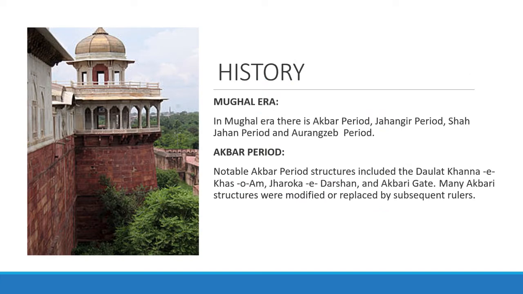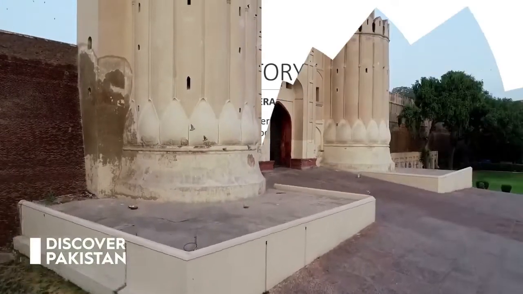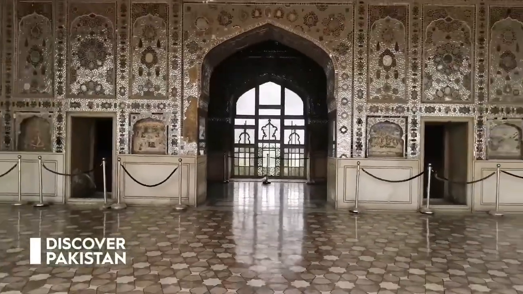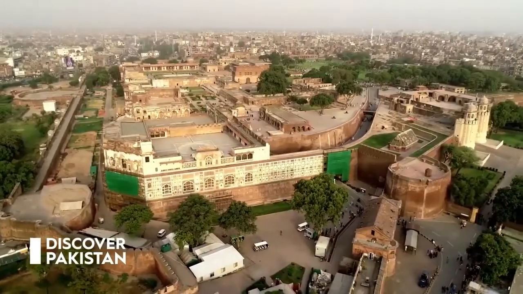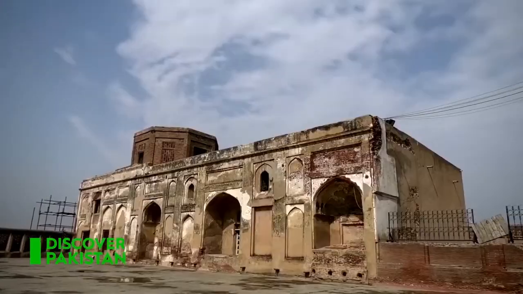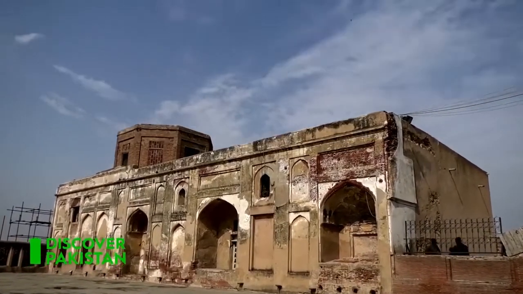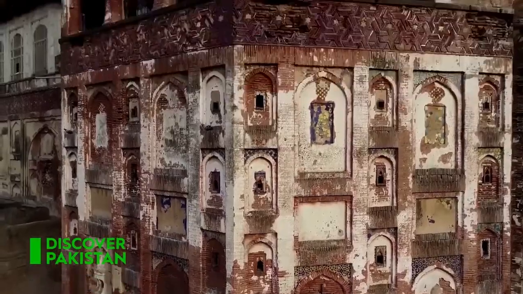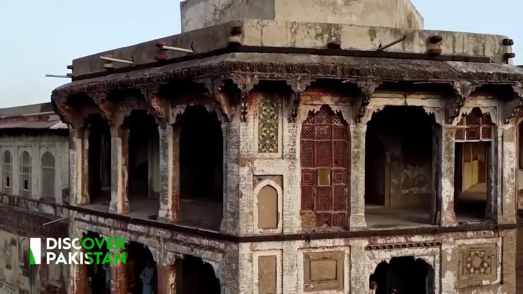Mughal Era. In the Mughal Era, there is the Akbar period, Jahangir period, Shah Jahan period, and Aurangzeb period. Akbar period: the present design and structure of the fort trace their origin to 1575, when the Mughal Emperor Akbar occupied the site so as to guard the northwest of the empire.